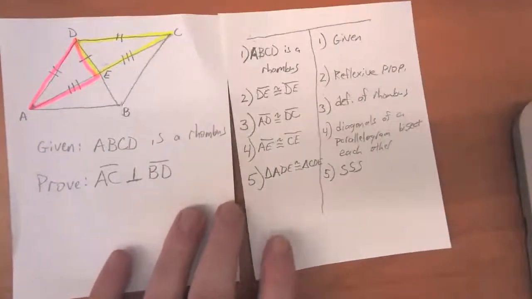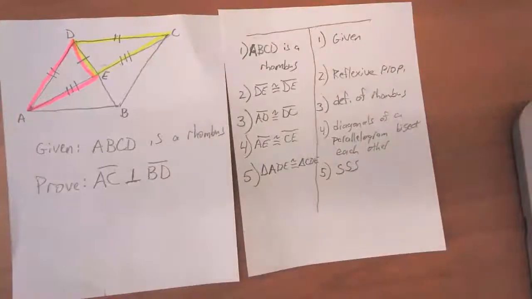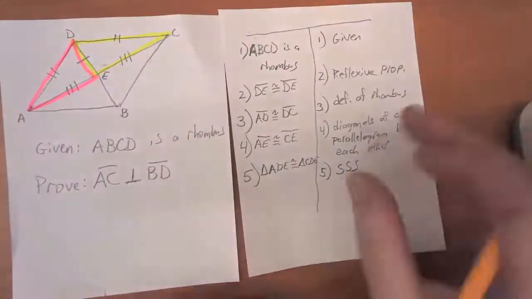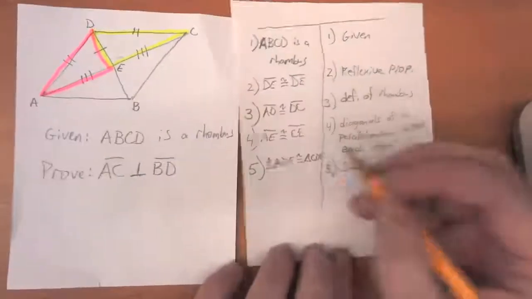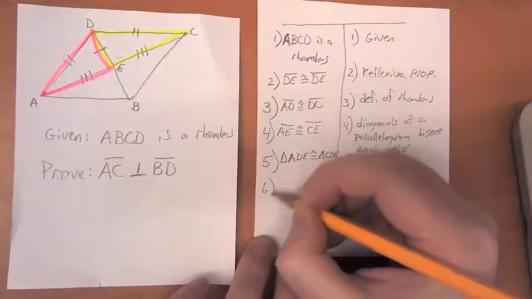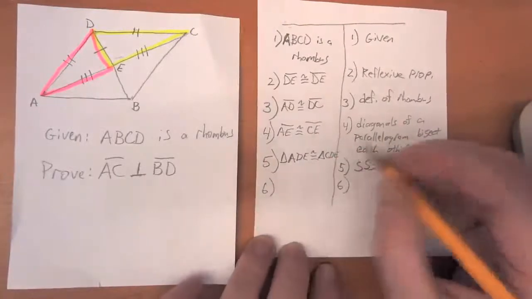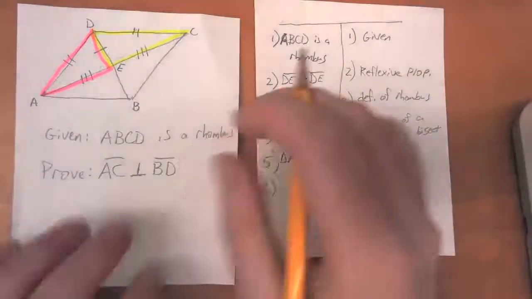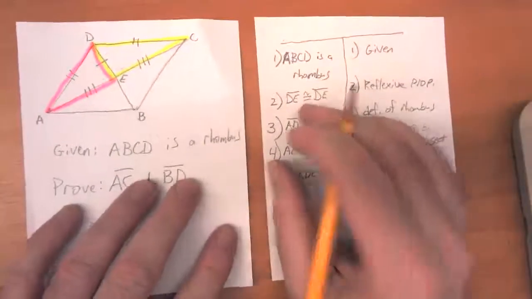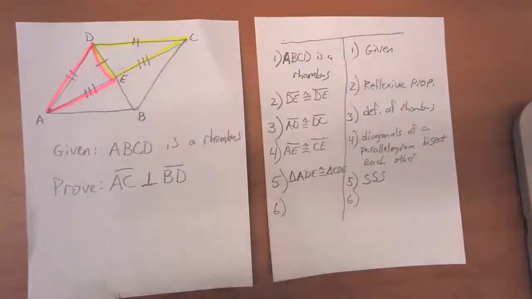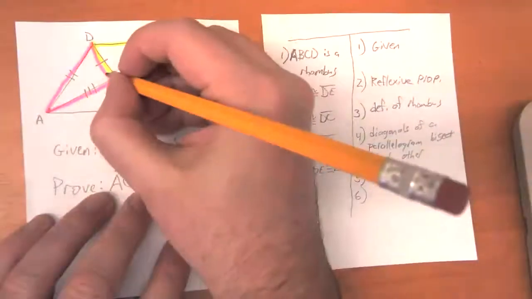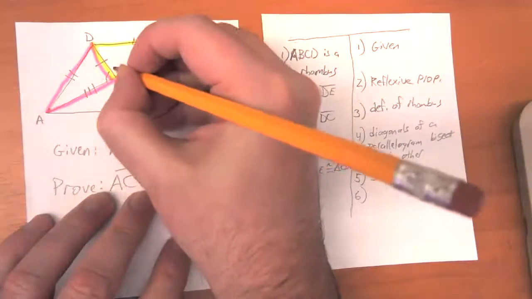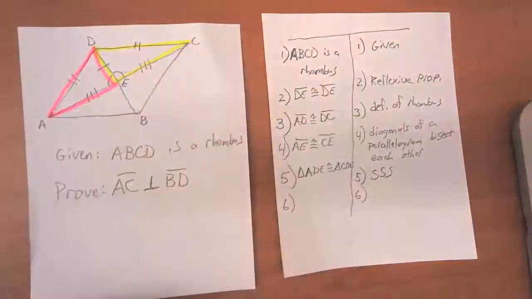Okay? Now, this is the part where the proof gets a little bit different from what we've done before, and I'm going to go ahead and say you're not going to be asked to do this in general. So if you can just follow along with my argument, you'll be just fine. So what I'm going to say is I can say that those two angles are congruent to each other.